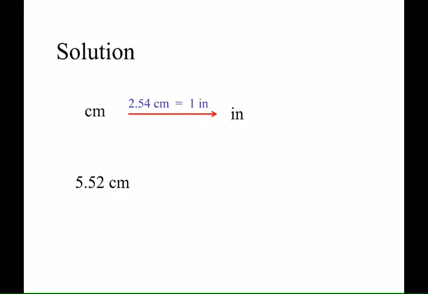Like I said on the previous problem, what I usually do in conversion problems is start with the term we want to convert and put it over 1. So 5.52 centimeters over 1. Notice that I want units of centimeters to cancel and to be left with units of inches, so I put my units in there. 1 inch is exactly equal to 2.54 centimeters.